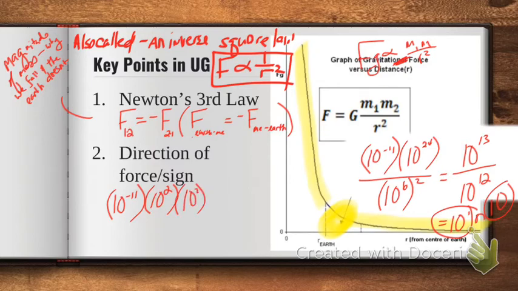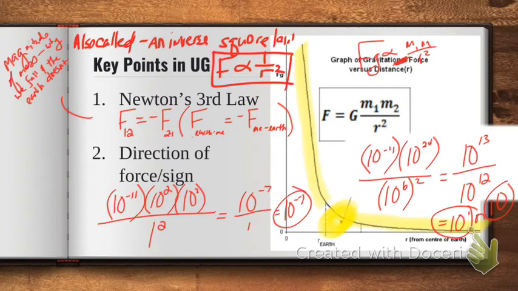It doesn't really matter what the actual number is. We're saying 10 to the 2nd. And they are approximately 1 meter apart. So let's figure out what happens. So it's 10 to the negative 11th times 10 squared times 10 squared: negative 11 plus 2 is negative 9, plus 2 again, negative 7. So it's 10 to the negative 7 over 1. So that means that the force of gravity that we feel is on the magnitude of 10 to the negative 7.